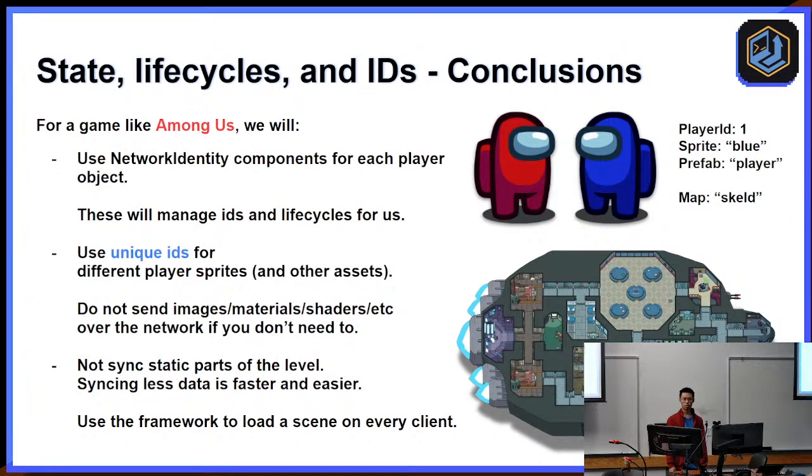And we won't send images or material shaders over the network if we don't need to. An exception is if you have a player profile picture: the player will have to upload an image to the server. But that's also a more complicated use case that you usually don't see in a game.